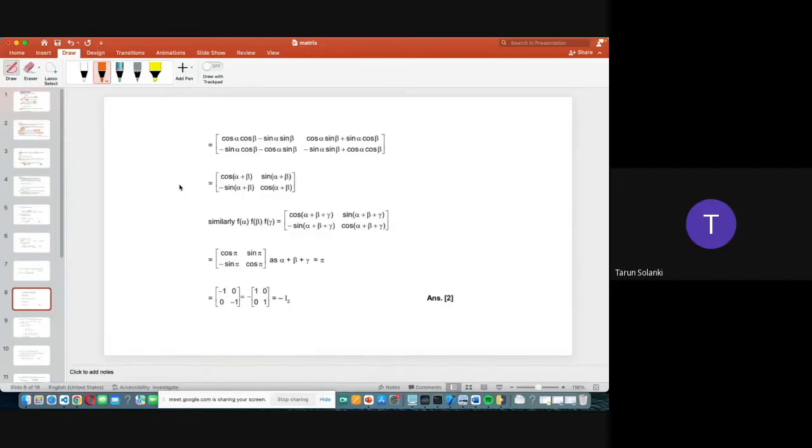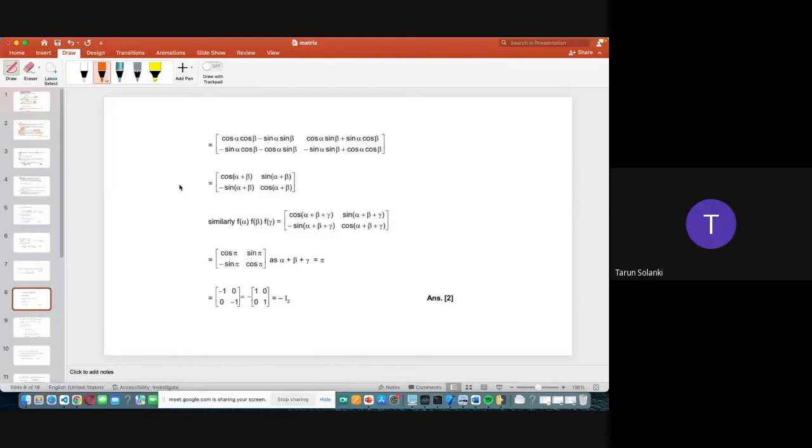So you'll get cos of alpha plus beta plus gamma, sine of alpha plus beta plus gamma, minus sine of alpha plus beta plus gamma, and cos of alpha plus beta plus gamma, all in the addition. So here it becomes cos pi, sine pi, minus sine pi, and cos pi, since alpha plus beta plus gamma is equal to pi, right?